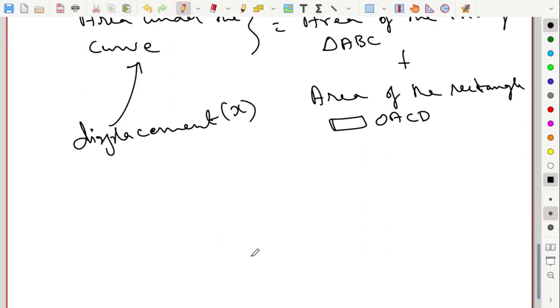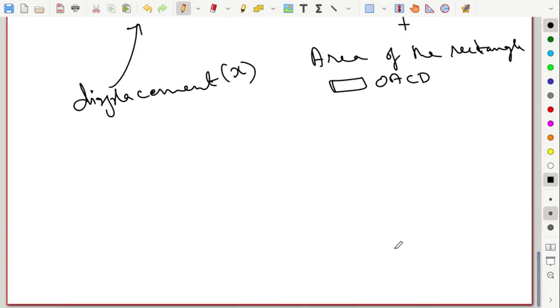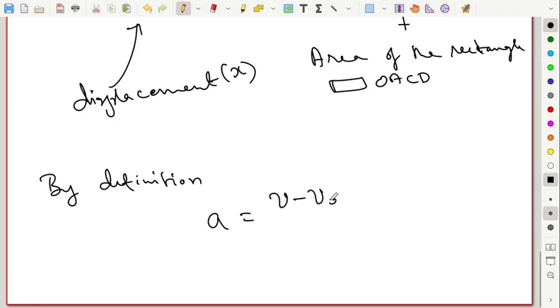Okay. So before deriving it, let us first take the definition of acceleration. So by definition, acceleration is given by the change in velocity, which is v minus v naught, divided by the time interval t minus 0, which is v minus v naught by t.